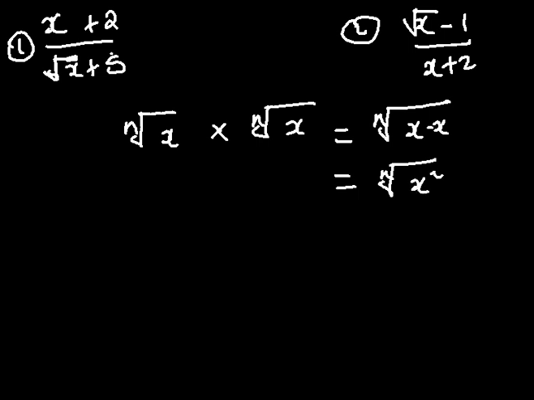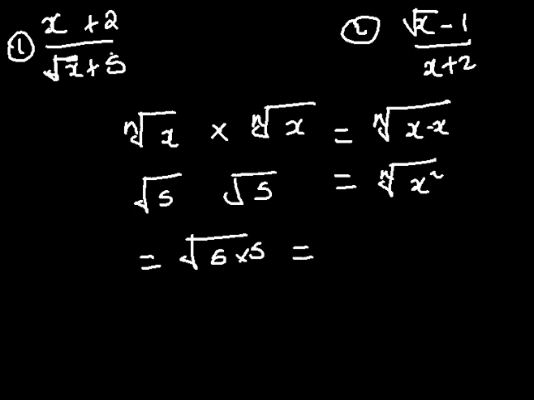In other words, if we have the square root of 5 times the square root of 5, this is the same as the square root of 5 times 5, which is the square root of 25. So that is the same as that.